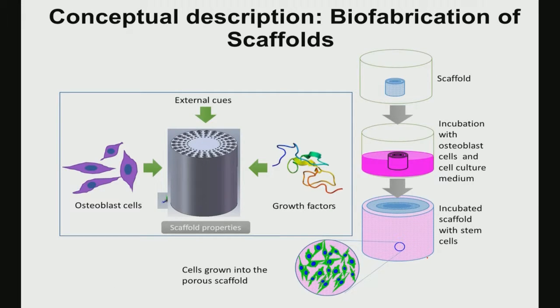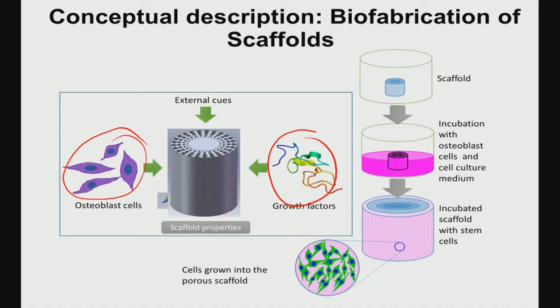Now, in tissue engineering applications, this is called biofabrication. Why is it bio? The word bio is used simply because you are using certain growth factors and cells together with the material from which you are making the scaffold, in situ during the fabrication itself. That means with the help of growth factors and cells, or osteoblast cells, like bone forming cells for bone tissue engineering.